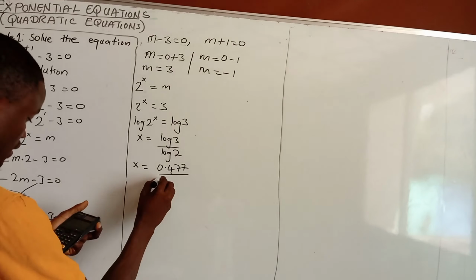So n square minus 30n plus 81 equals 0. When you multiply this and this one, it will give us 81n square as the product. So the sum here is minus 30n.